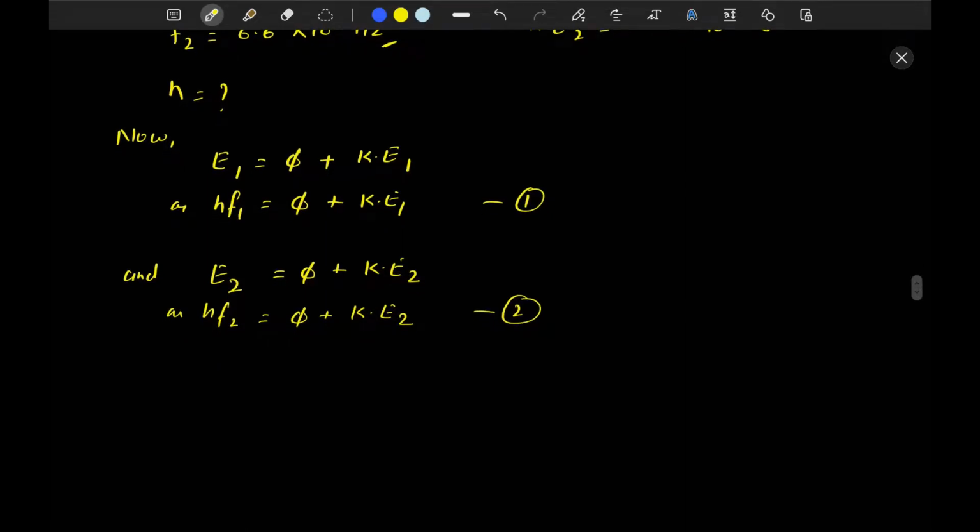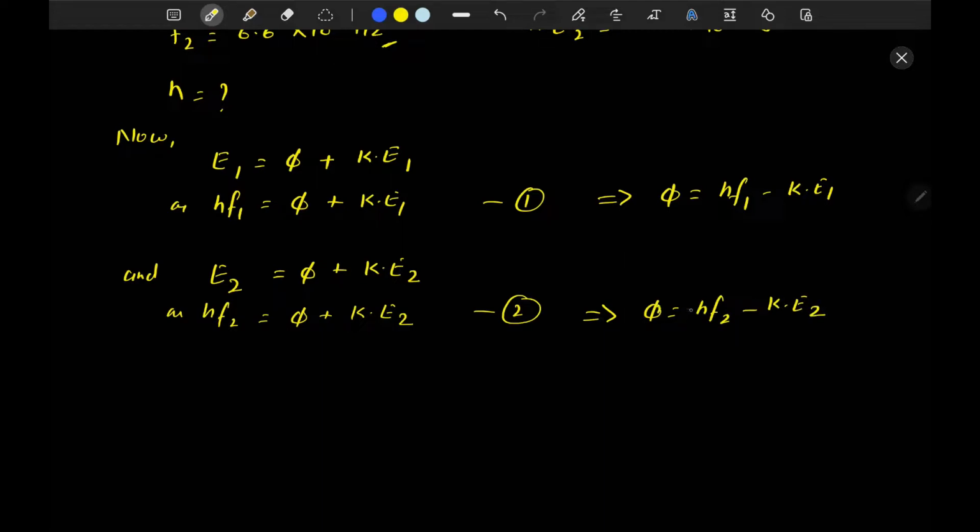Equation 1 gives phi as hf1 minus kinetic energy 1, and equation 2 gives phi as hf2 minus kinetic energy 2.